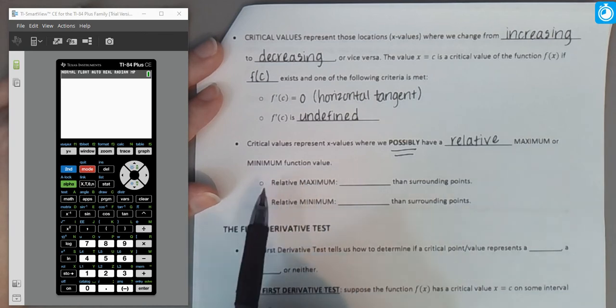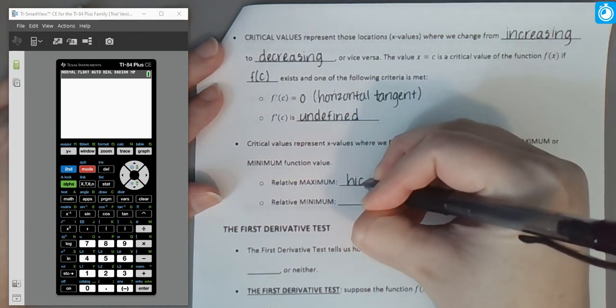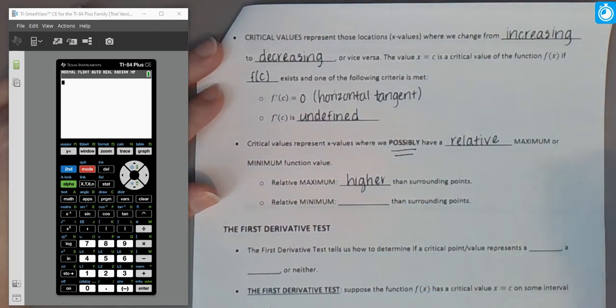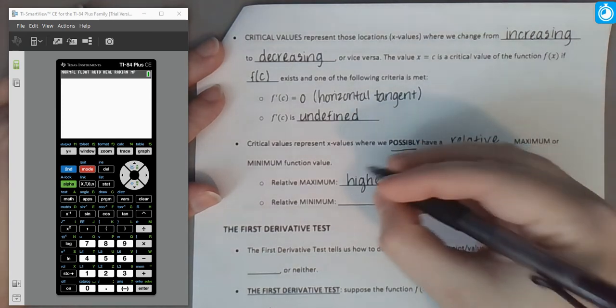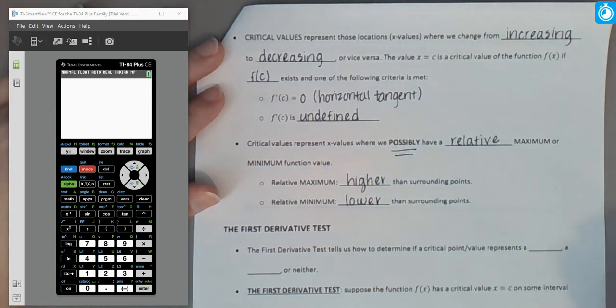So a relative maximum is a point that is going to be higher than all of its surrounding points within a given interval. A relative minimum is going to be lower than all of the points around it in that particular interval.